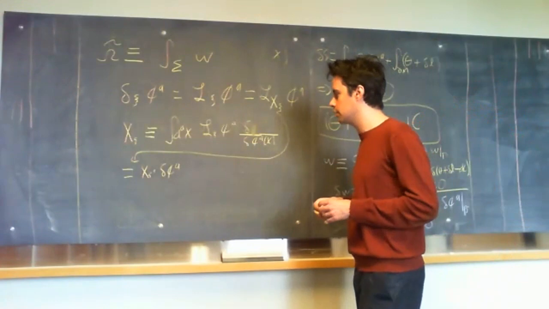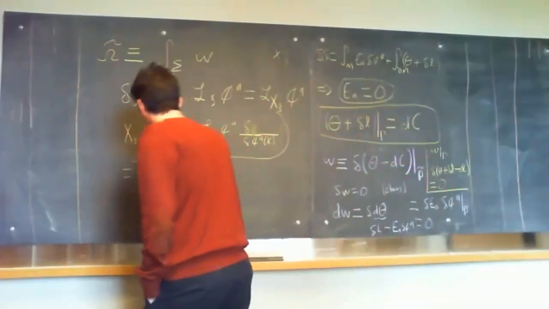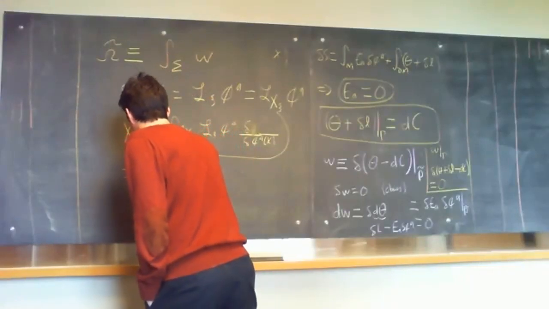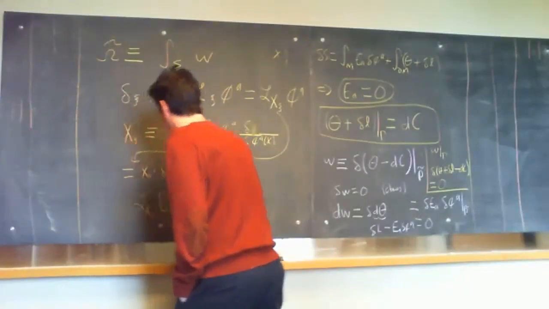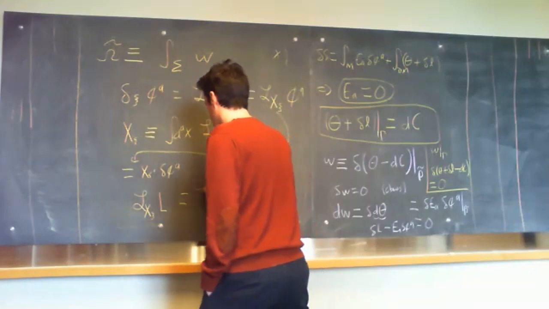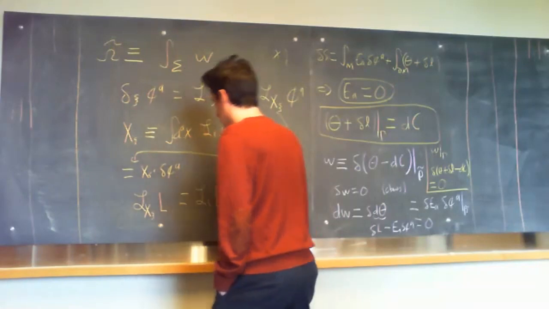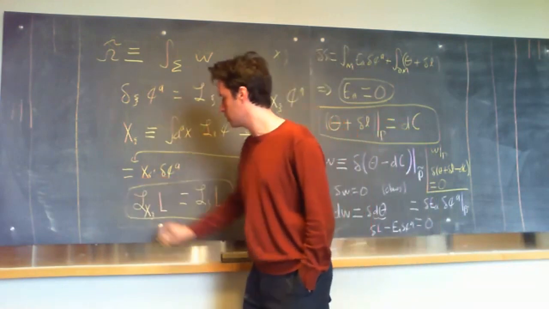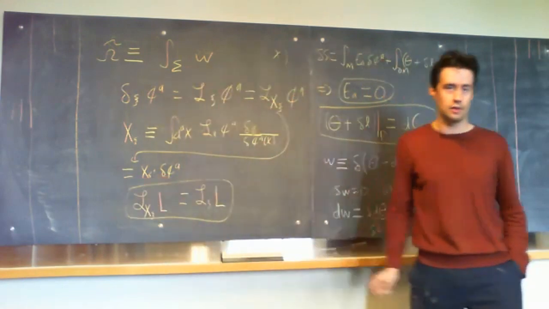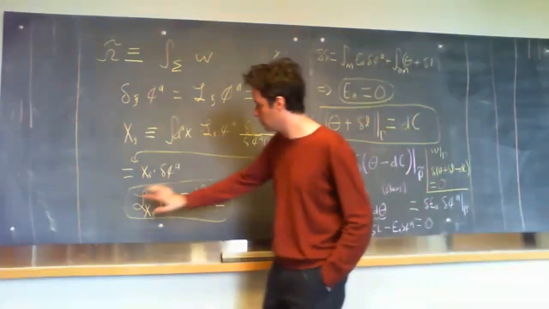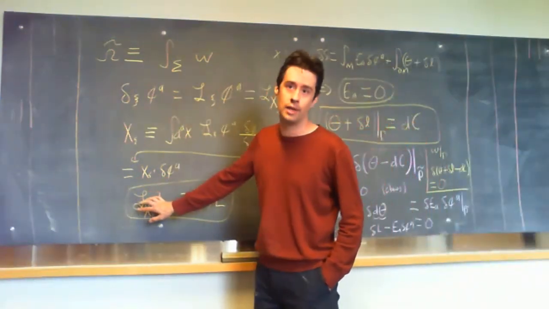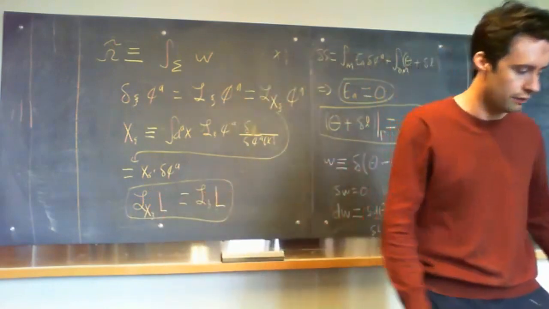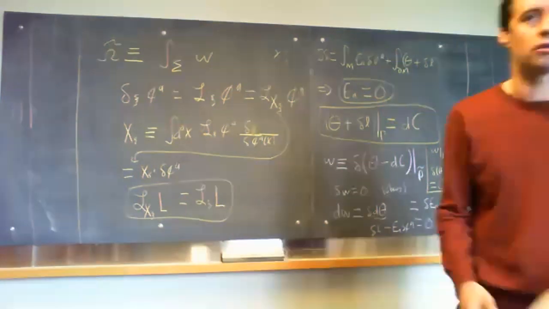So when we say that the Lagrangian is covariant, what we mean is that the Lie derivative of the Lagrangian with respect to X_C is equal to the Lie derivative of the Lagrangian with respect to C. This is the definition of saying that the Lagrangian is covariant with respect to the diffeomorphism C. It's saying if you implement the diffeomorphism only on the dynamical fields, you get the same thing as if you had implemented the diffeomorphism on both dynamical and background fields.